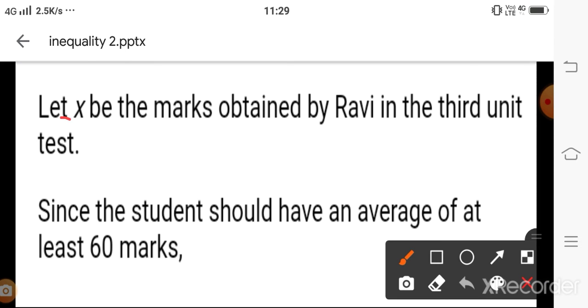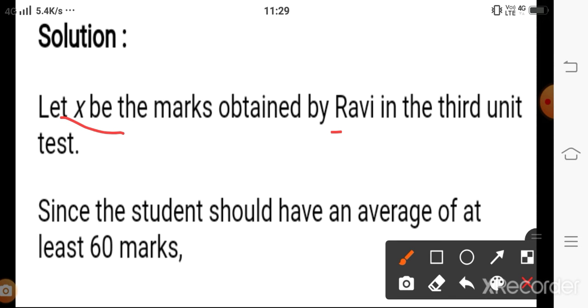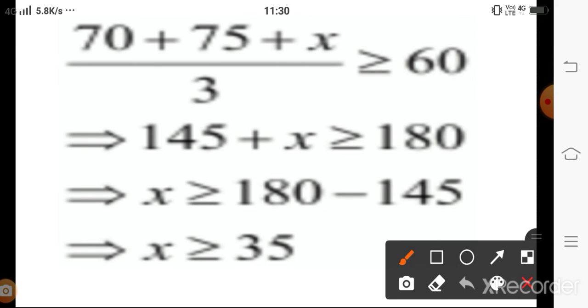Let x be the marks obtained by Ravi in the third unit test, and since the student has an average of at least 60 marks, if you are finding the average, then we are getting 70 plus 75 plus x upon 3, and it is greater than equal to 60. On solving this linear inequality, 70 plus 75 we are getting 145 plus x.